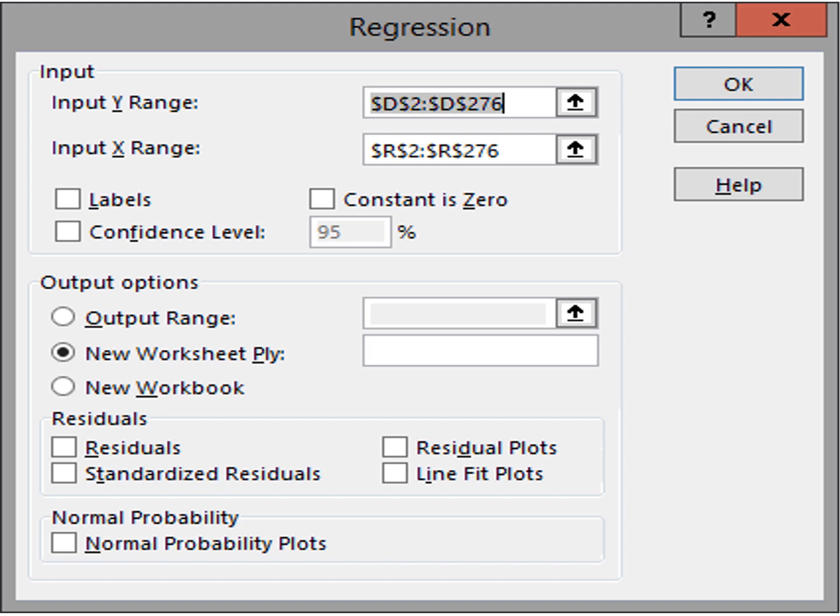R2 to R276 is all the observations for fun F, and D2 to D276 are all the observations for like F. There are lots of little bells and whistles that we could select, but I'm going to keep it simple and keep just the default options, in which most things are not selected.